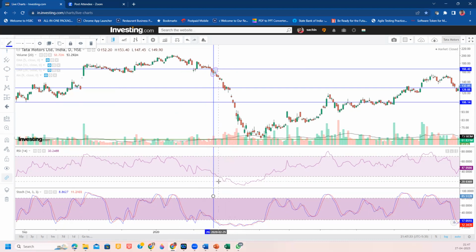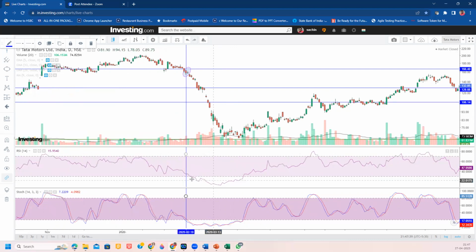So RSI at that particular point is, you can say, either a down tick or maybe flat after a fall. So after a fall, it is coming as flat. At the same time, if you look at the stochastic, it is clearly a down tick or negative crossover.